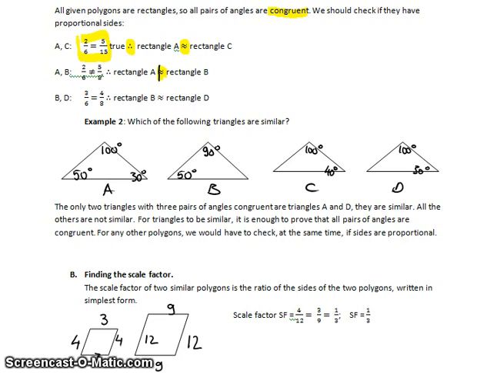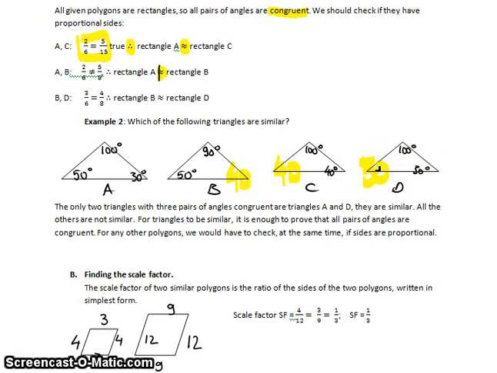Let's fill out the missing angles that are not given. Sum of the angles in any triangle is 180, 50 plus 90 is 140, which means this angle is 40 degrees. 100 with 40 degrees missing here. 130, 50 degrees missing here.